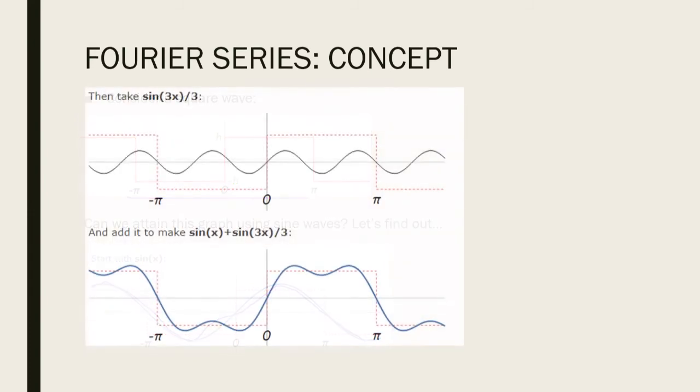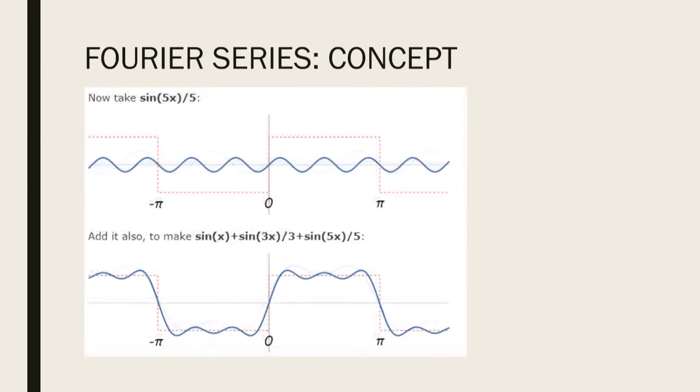But what if we add sine 3x over 3? When we add that to the characteristic of sine of x, you can see here that it somehow followed the pattern of the square wave, but it does not look much like a square wave.